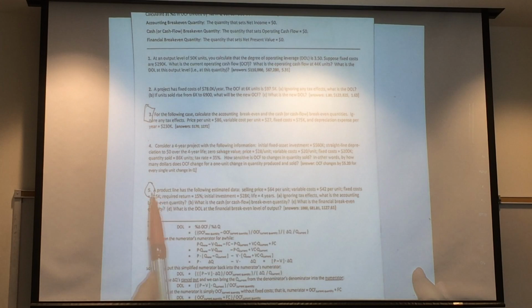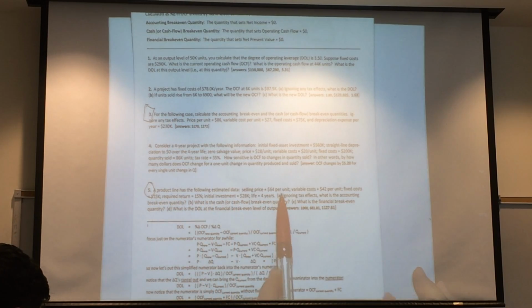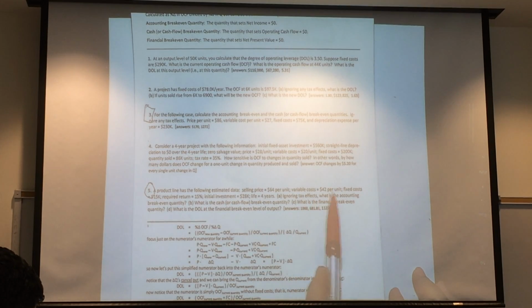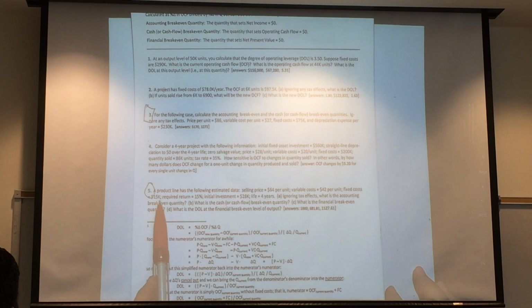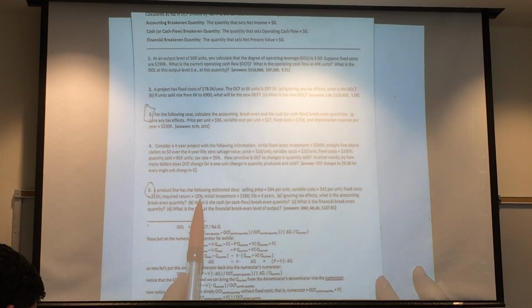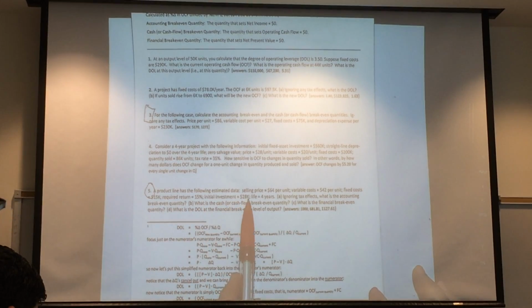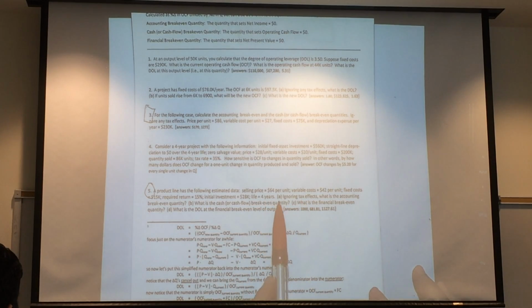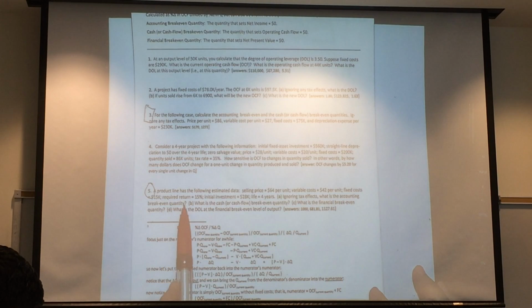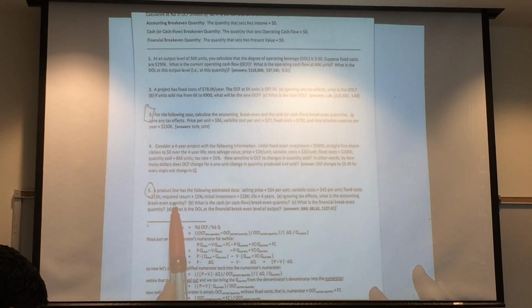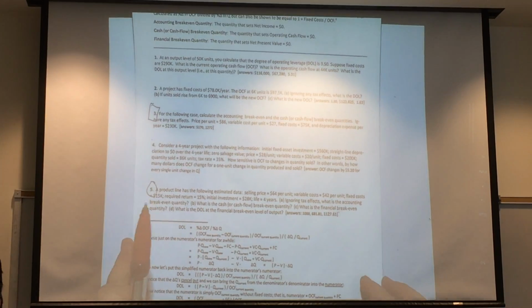So, in this situation, a product line has the following estimated data: selling price of $64 a unit, variable cost of $42 a unit, fixed cost of $15,000, required rate of return of 15%, initial investment of $28,000, and a depreciable life of 4 years. They're asking you, what's the accounting break-even, what's the cash flow break-even, what's the financial break-even, and what's the degree of operating leverage.